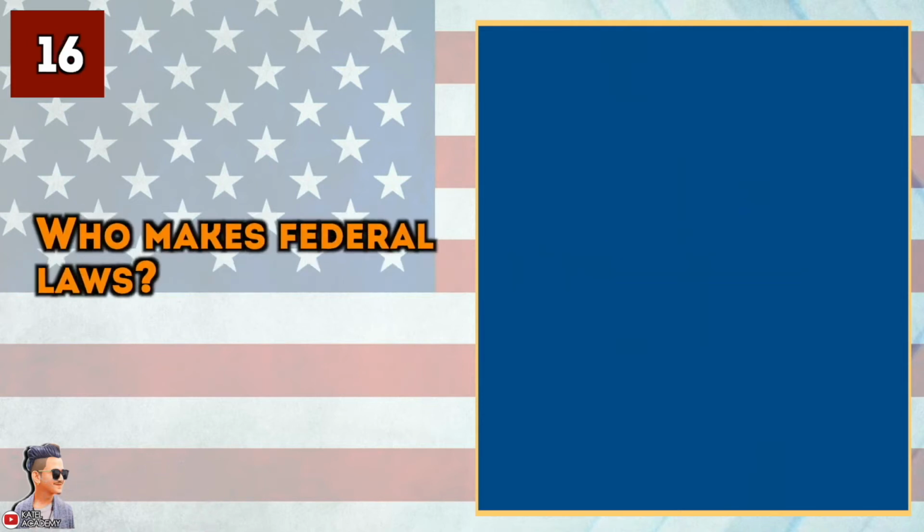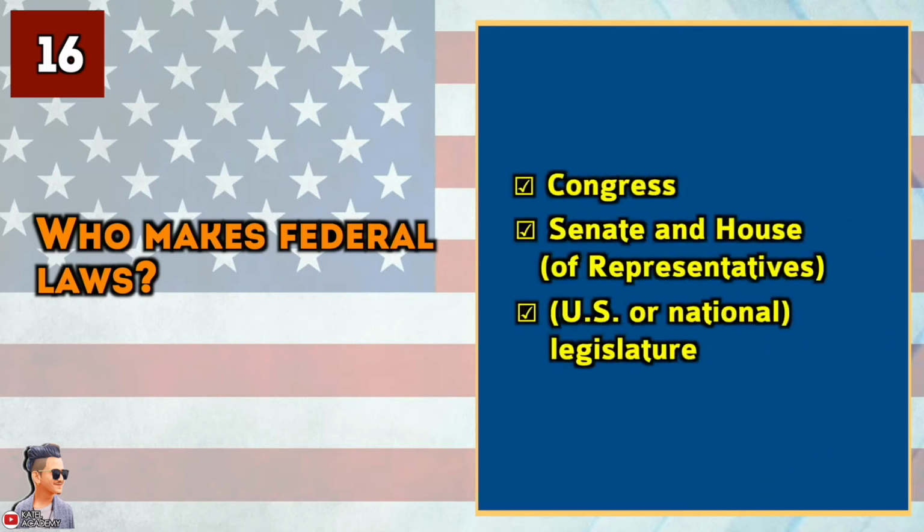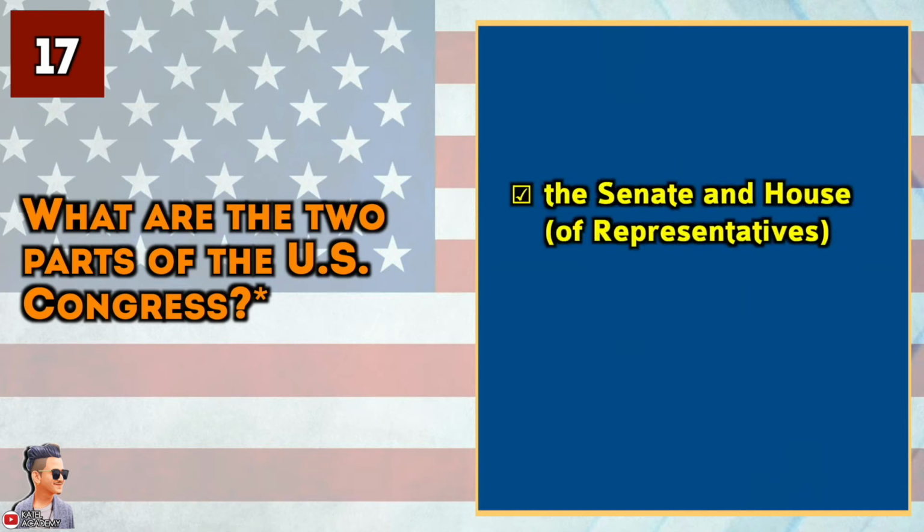Who makes federal laws? Congress. Senate and House of Representatives. U.S. or national legislature. What are the two parts of the U.S. Congress? The Senate and House of Representatives.